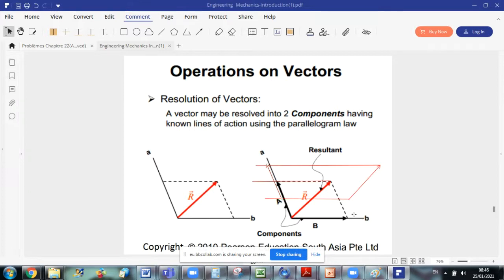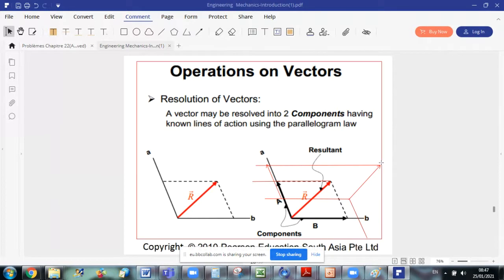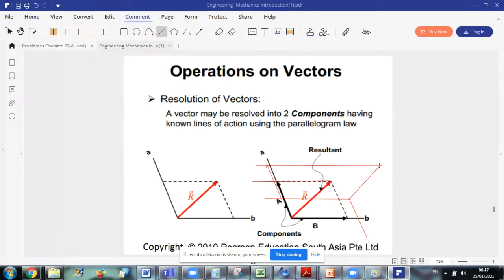The same applies to get the projection on B. Now I draw parallels to the A axis. For the same vector, I take first a parallel from the tail point to A, and then I take another parallel line to A. Here we cannot complete it because of the space.